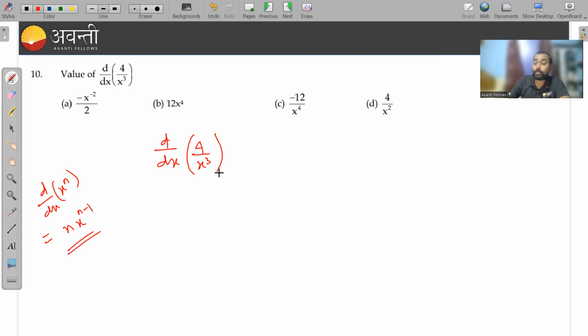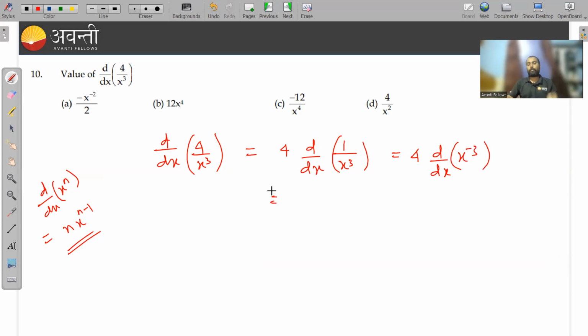So if we use the same rule, because 4 is constant, we can take it outside, and we are getting here d by dx of 1 upon x cube, right? So 4 into d by dx of, we can write 1 upon x cube as x to the power minus 3, and we will now use the power rule.